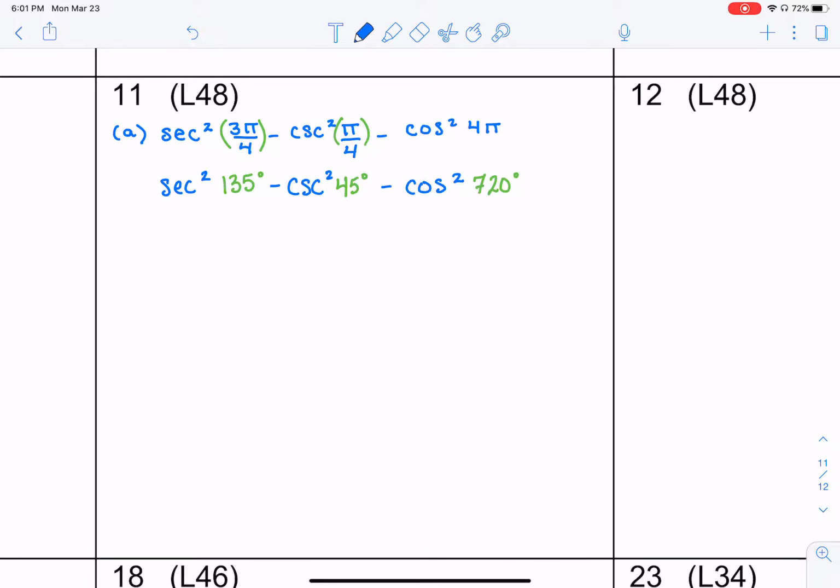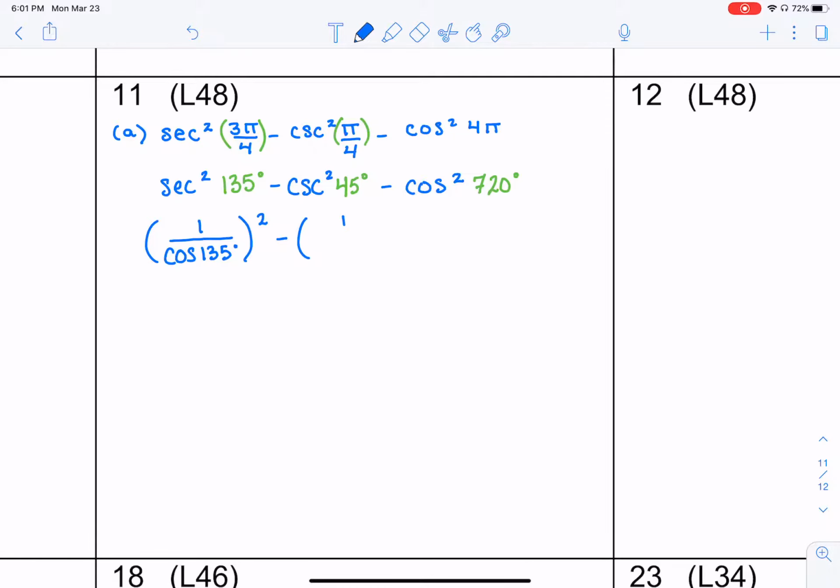Now that I have it transferred to degrees, I'm going to address the squares on each of these items, and I'm also going to address the reciprocal functions. So secant is actually the reciprocal of cosine. I'm going to rewrite this part as 1 over cosine 135, and the whole thing is squared. Minus, and then cosecant, that's the reciprocal function of sine.